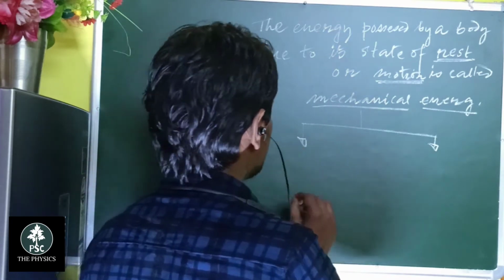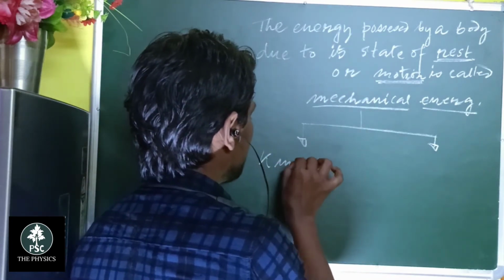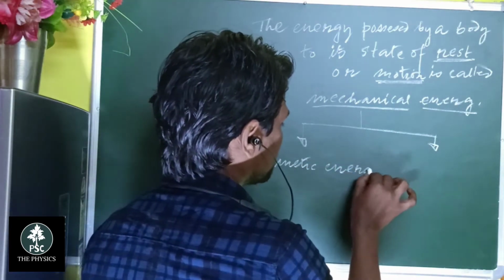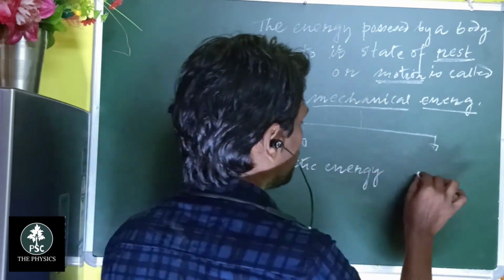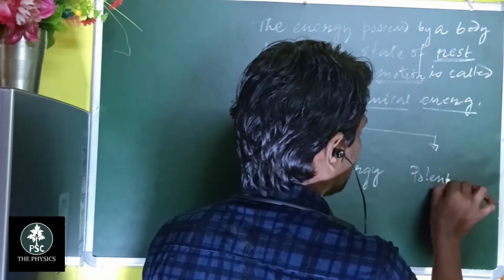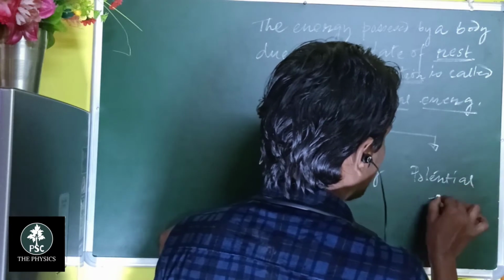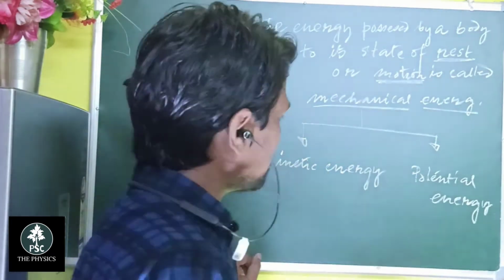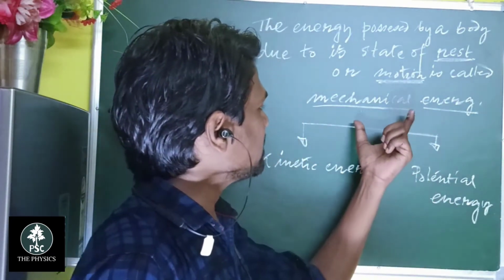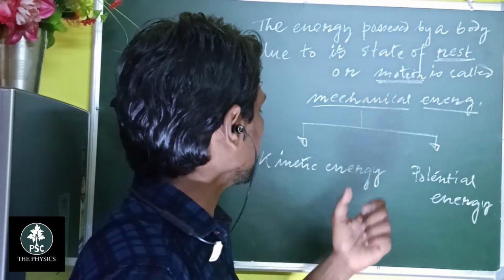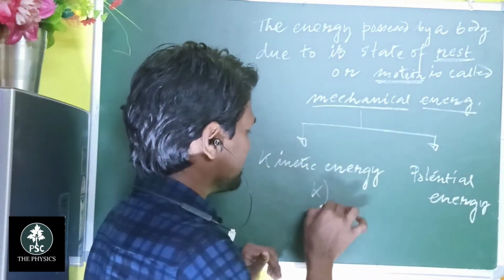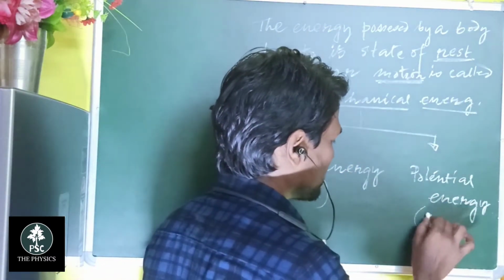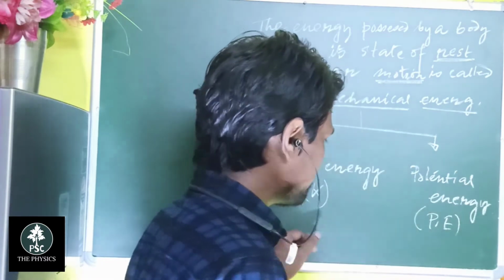First of all, it is kinetic energy, and the second one is potential energy. Students, mechanical energy is of two types: one is kinetic energy, which you can denote by K, and the other is potential energy.